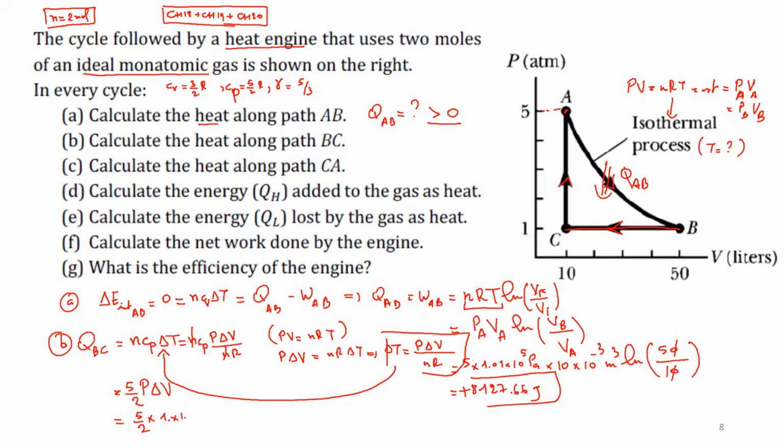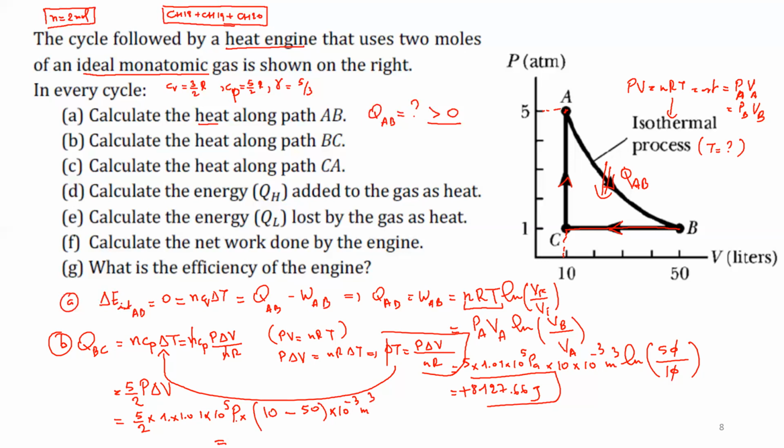Multiplied by 1.01, of course, 10 to the power 5 Pascal, multiplied by delta V. It will be V final minus V initial. V final is VC, which is 10. V initial is VB, which is 50. But you put it in meter cube, right? 10 to the power minus 3 meter cube. And if you calculate this, how much do you get?